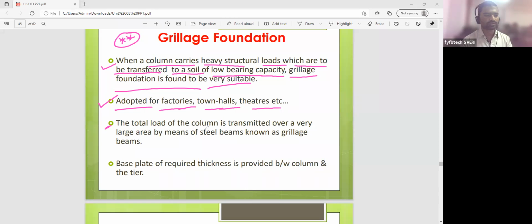This point also. Total load of the column is transmitted over a large area by means of steel beams known as grillage beams.